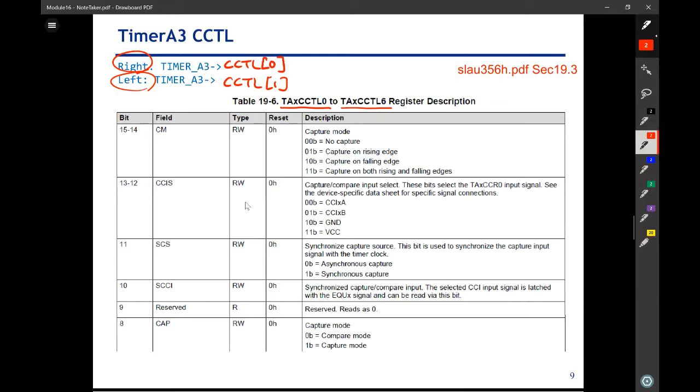Previously, when we used output compare mode, we had no capture, right? But now we need to use capture mode. So we need to have a capture on rising edge, because we need to measure time between the rising edges of a tachometer, right? Then we need to have CCI mode, and then synchronous capture, and then capture mode, right?